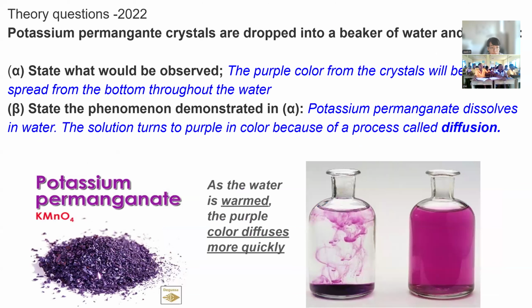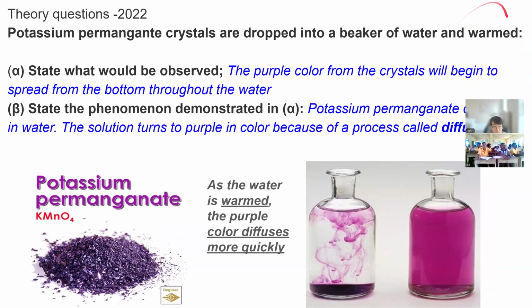Let's solve the next theory question, which states that potassium permanganate crystals are dropped into a beaker of water. Potassium permanganate has a purple color, and you can see that after you drop it in water, it tends to spread out and form an evenly colored purple solution.